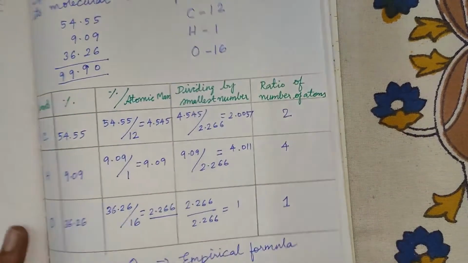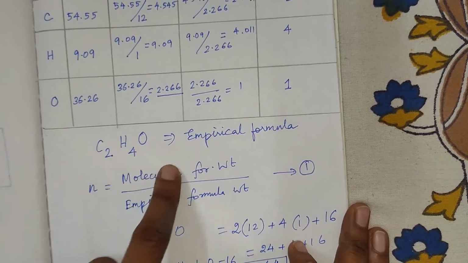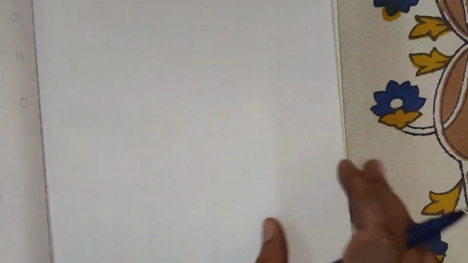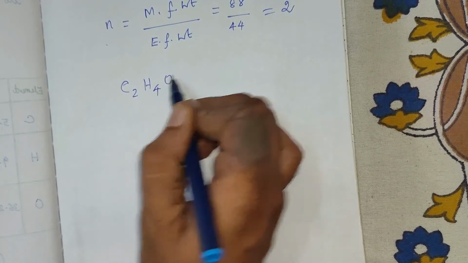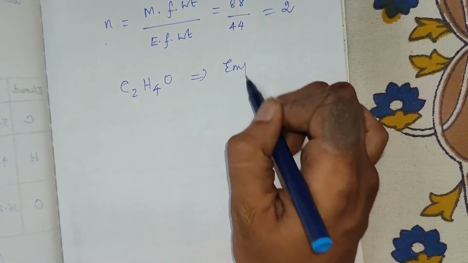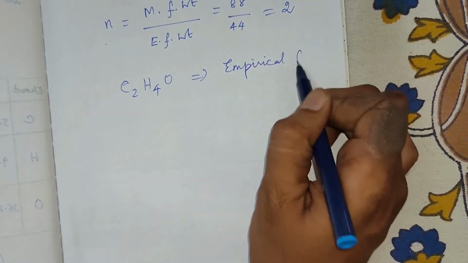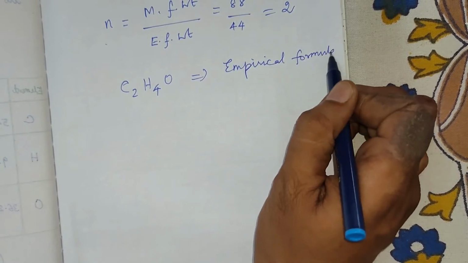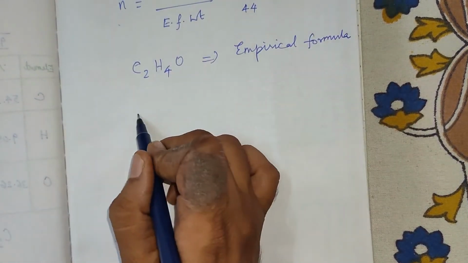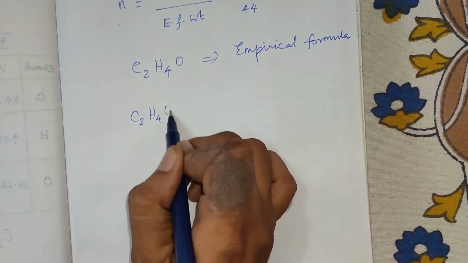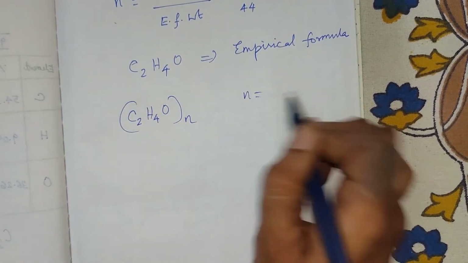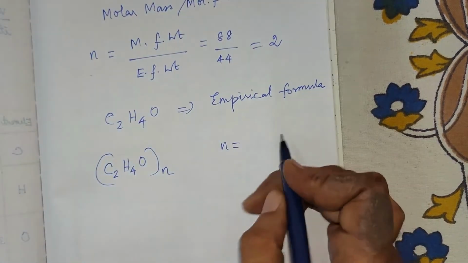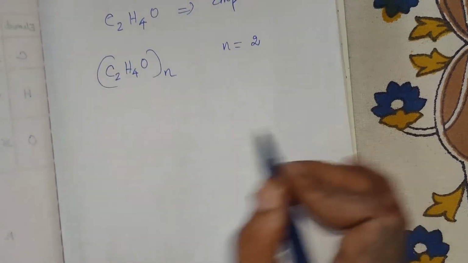So what is the empirical formula? Empirical formula is C2H4O, right? That is the empirical formula of the compound. Now I want the molecular formula. So it is going to be C2H4O N times. The value of N you calculated here is 2.